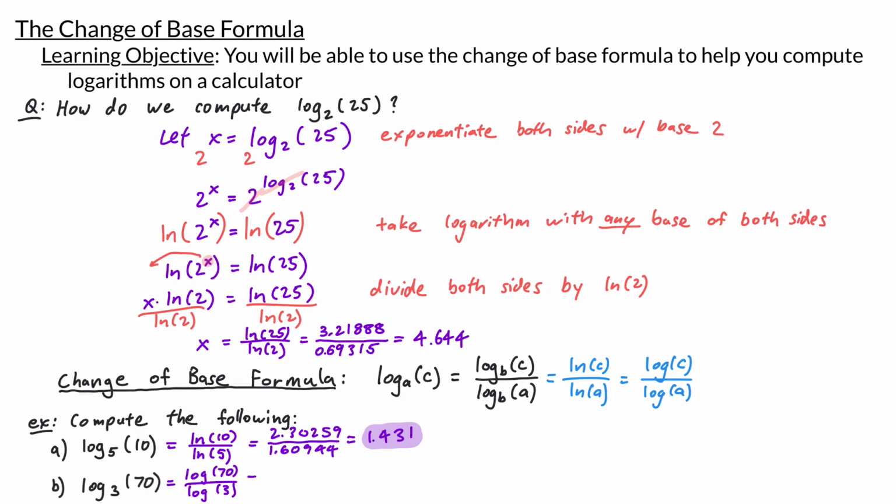Typing in log of 70 into our calculators, we end up with 1.84510 if we round. And if we type in log of 3, we get 0.47712. Now, if we divide these two quantities, we end up with 3.867. So log with base 3 of 70 is approximately 3.867.